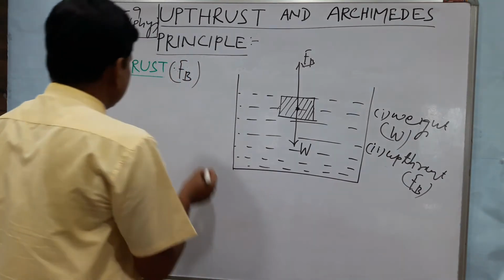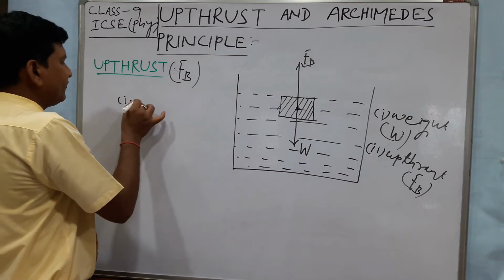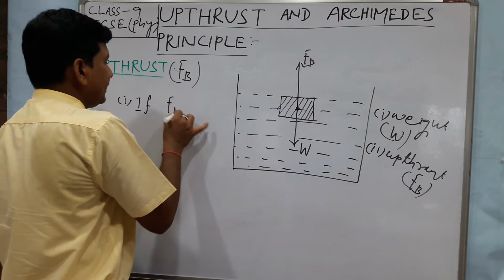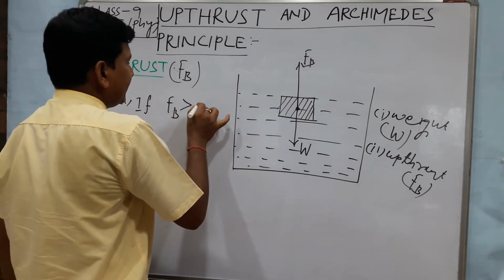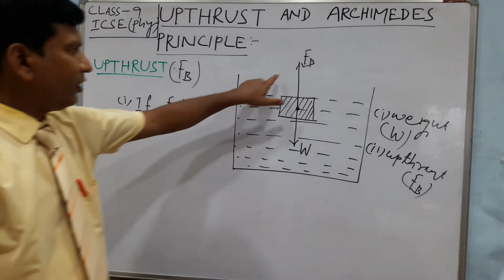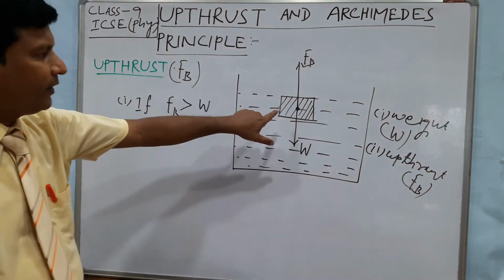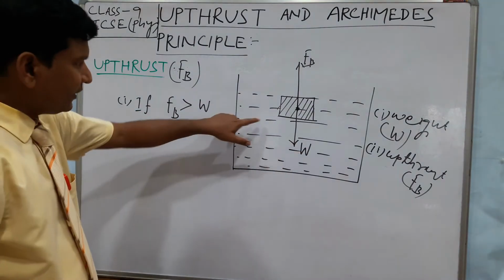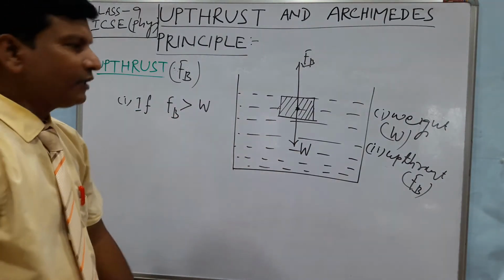See over there, number one: if FB is greater than W, then what happens? When the upthrust acting on the body is greater than the weight of the body, the body will float.